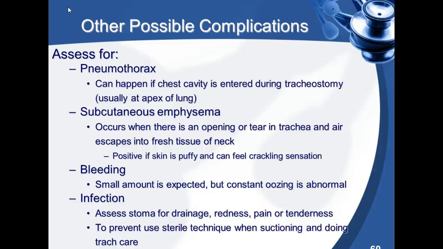A small amount of bleeding is expected, but constant oozing is abnormal. For infection, assess the stoma for drainage, redness, pain, or tenderness. To prevent it, use sterile technique when suctioning and doing trach care. So those are all the reasons why we teach you to do what we do, especially when it comes to bleeding and infection. These are complications of a person having a trach.